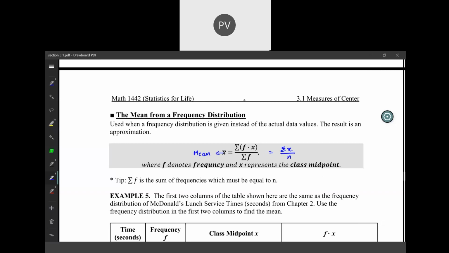Now remember, n is the number of data values, also called the sum of all frequencies. N is nothing but the sum of all frequencies. Summation x, you also have frequency in the frequency distribution table, so you will be multiplying and adding the frequency and data values. Okay, we will see how to do that.